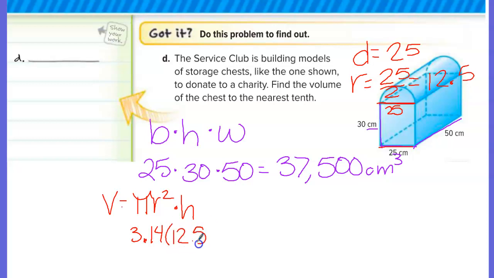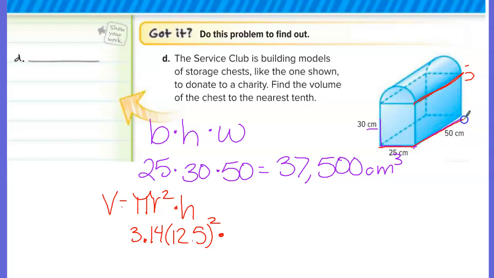We're going to square that, and then take it times the height of my cylinder. To see the height of our cylinder, we would actually want to tip this figure over, because that's how tall your cylinder would be. If the bottom of that is 50, that means this is also 50.